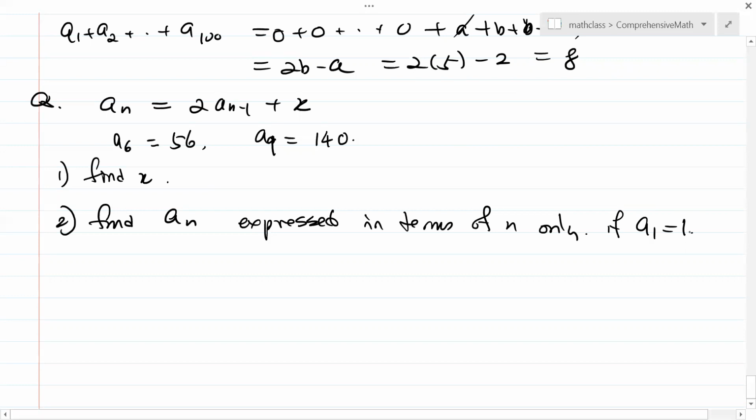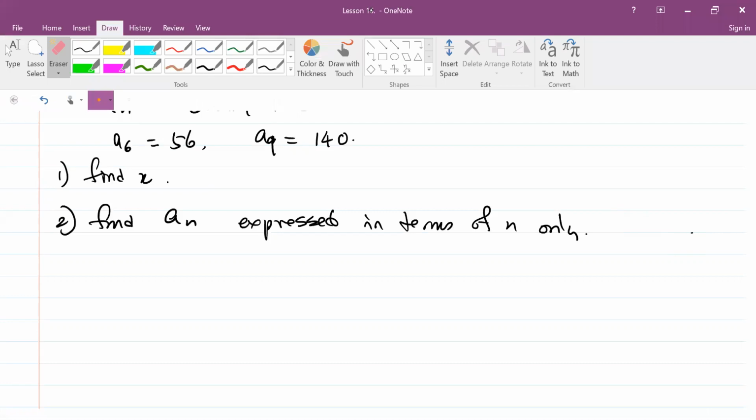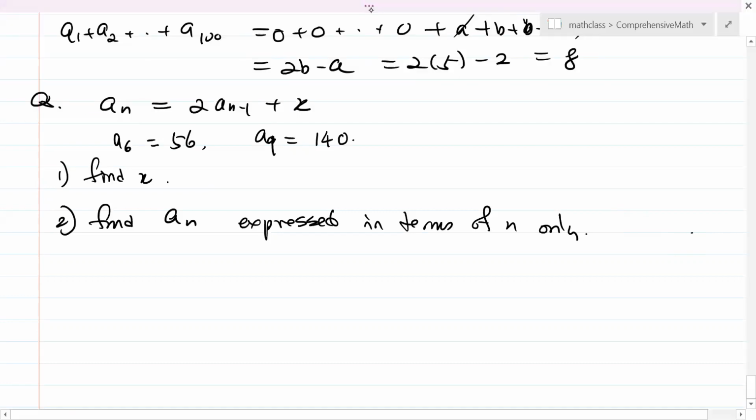But for the x, I probably don't need to tell you the first number, because I already told you A6. That is enough. A1 is uniquely determined, I cannot change the value of A1. All right, can you figure out that x?